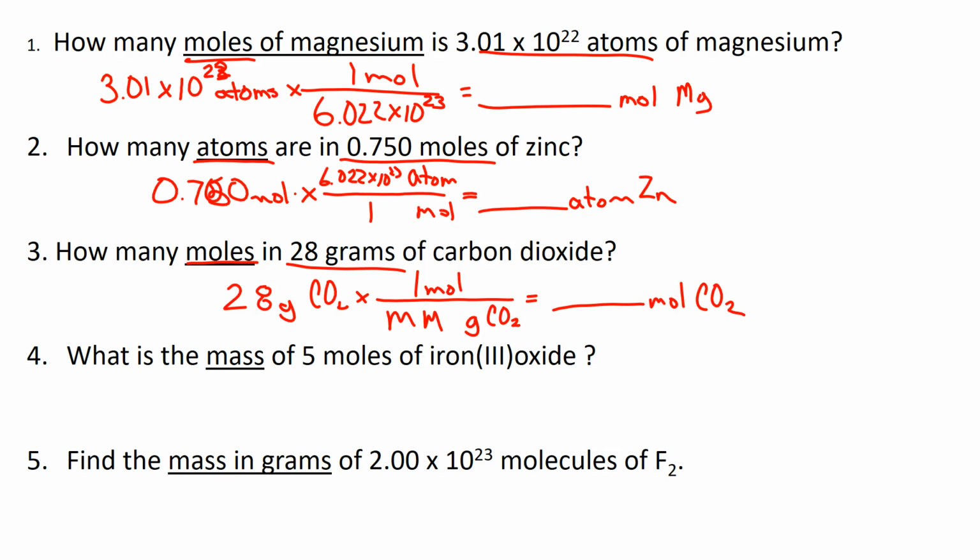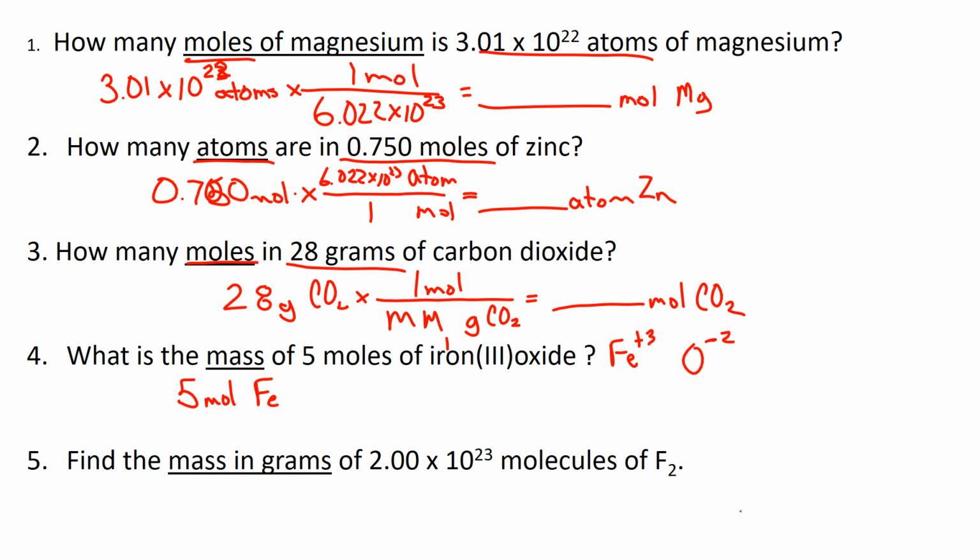Now, coming down to number 4, it says, what is the mass of 5 moles of iron 3 oxide? So I'm trying to get to mass. I'm starting off with 5 mole. And the key thing here is getting the correct formula. So that's saying iron 3. So iron 3 is Fe with a +3.